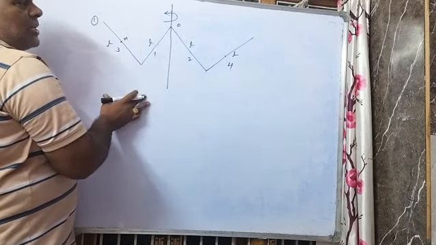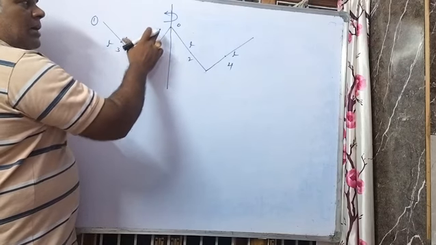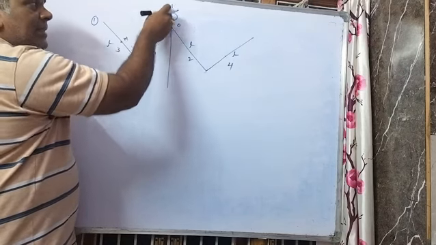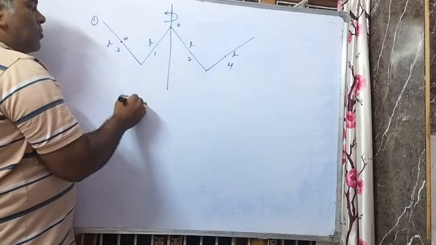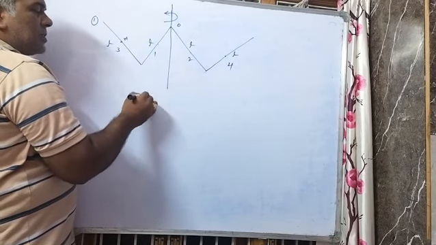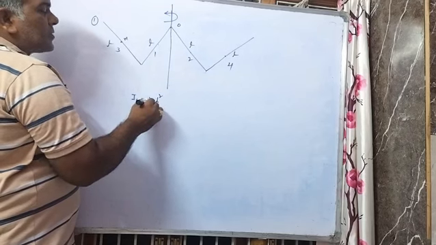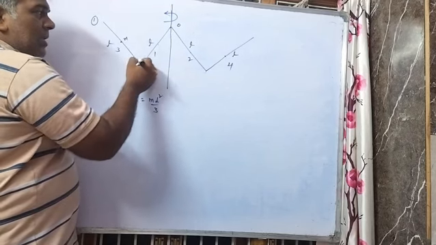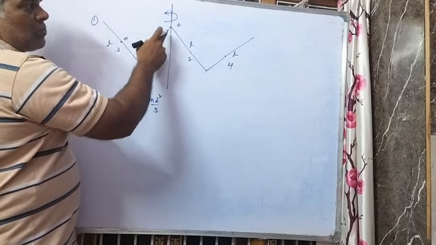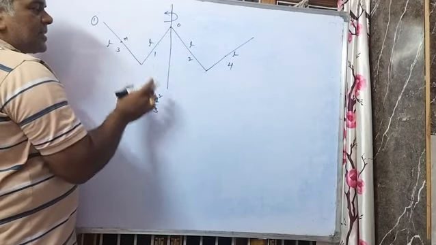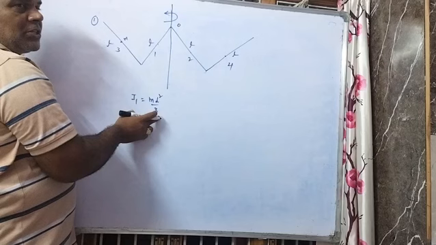For the first rod, the moment of inertia I1 is equal to ML square by 3, where L is the length of the rod. With the axis at one end of the rod, its moment of inertia is ML square by 3.